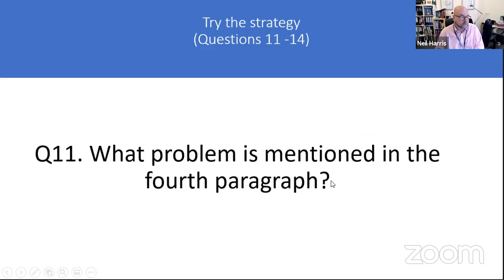So coming up on screen in just one moment is the question stem for question 11. And that question stem, I'll read it for you now whilst we're waiting for it to come on screen, is what problem is mentioned in the 4th paragraph?